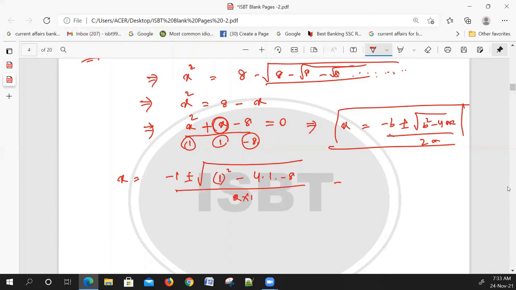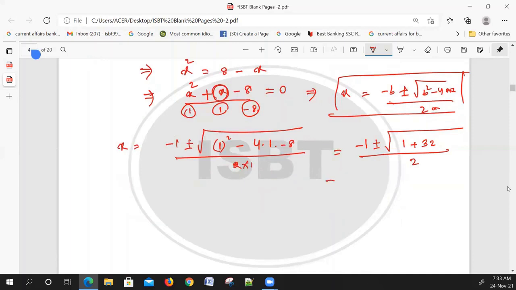It should be minus 1 plus or minus root of 1 plus 32 by 2. So the value is minus 1 plus or minus root of 33 by 2. This is the answer.